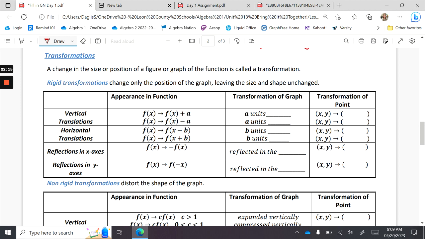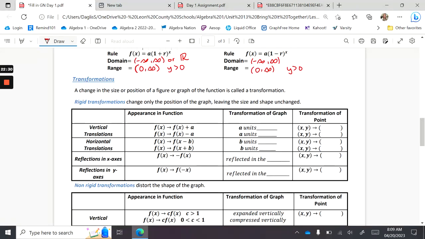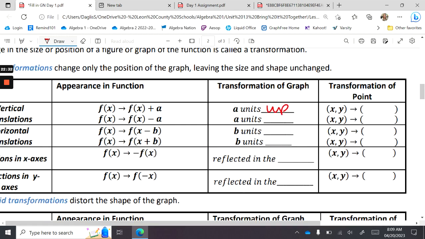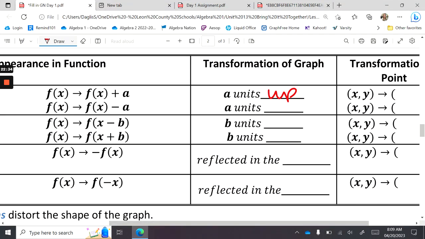Okay, what's nice about transformations, we've done them a lot because it's the same thing no matter what the function is, whether it's a quadratic, whether it's a square root, whether it's a line. If I'm adding on the end of the function, that means it's always going to move up. If we're subtracting at the end of my function, that means we are always moving down. So having a plus a on the end always moves it up.